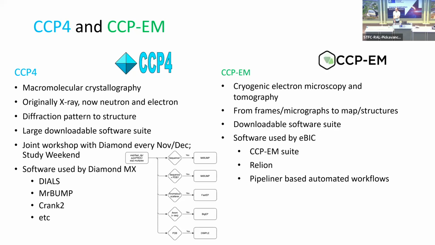Again, we have a software suite which you can download and run locally, and that's available at eBIC, Diamond's electron microscopy facility. That's available to use as is, and it also underpins some of the pipelines, which I will mention later.